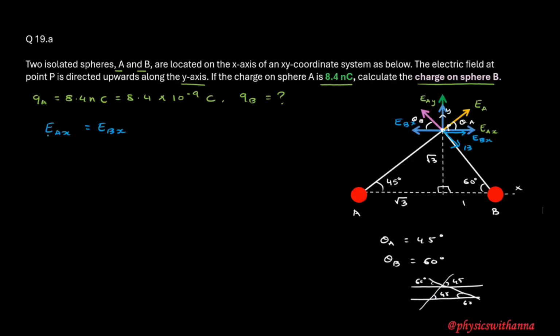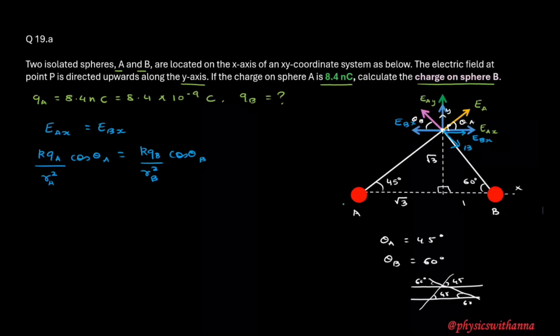So for the magnitude EAX, I can write KQA over RA squared. Since this is the x component and it's making an angle theta with the x-axis, I will write the x component as cosine theta A, equals the same for EB, KQB over RB squared cosine theta B.